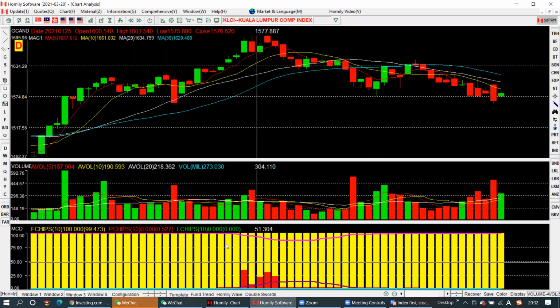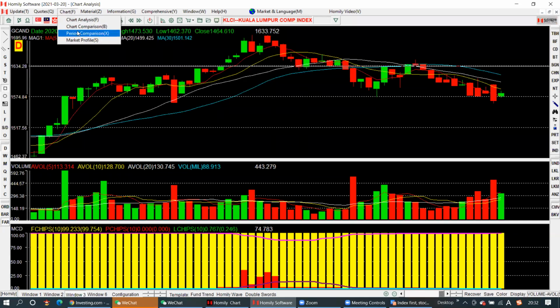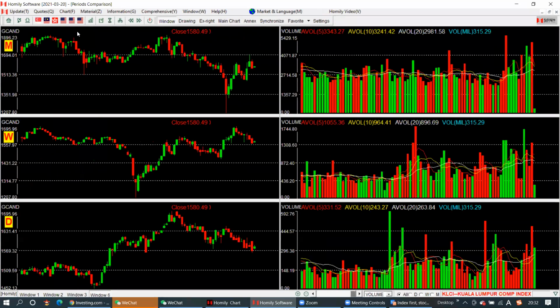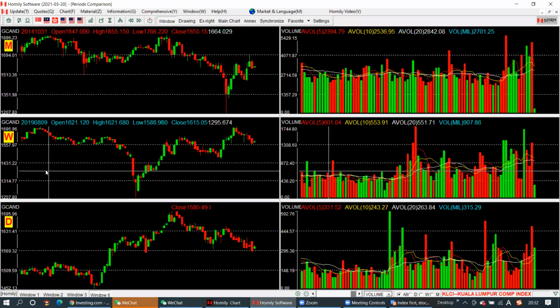So here you can always see it. We need to double confirm from the chart and the period comparison. We can see here, this is our month, week, and day.